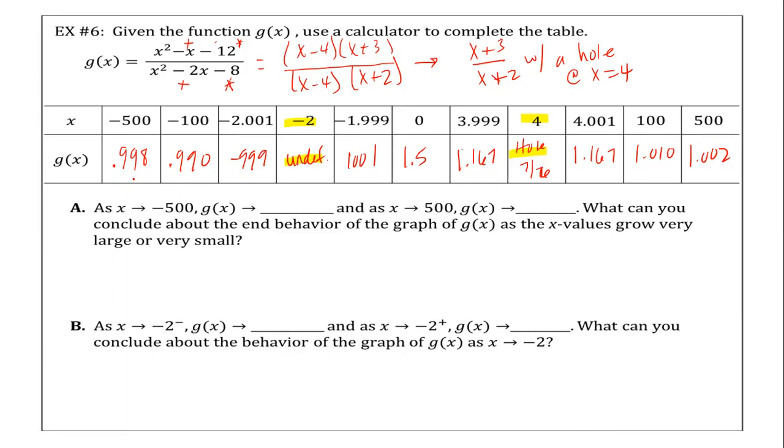They're getting closer to 1, right? These are getting bigger. This was negative 999, a really low number. Why is it getting closer to 1? Because you have a horizontal asymptote.